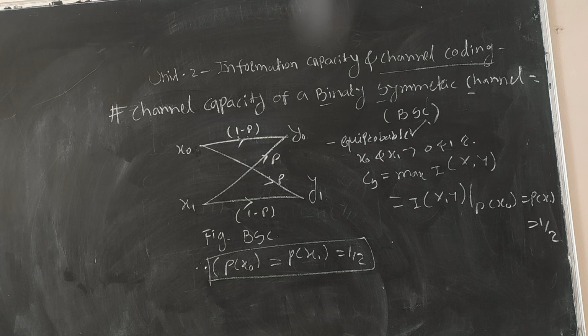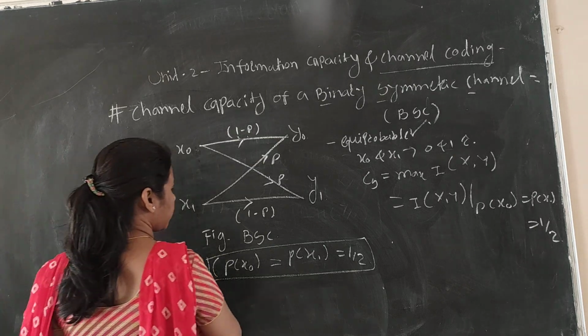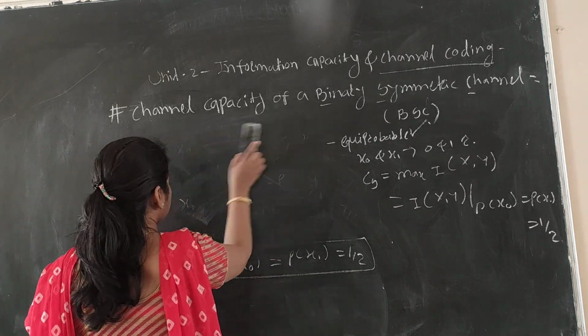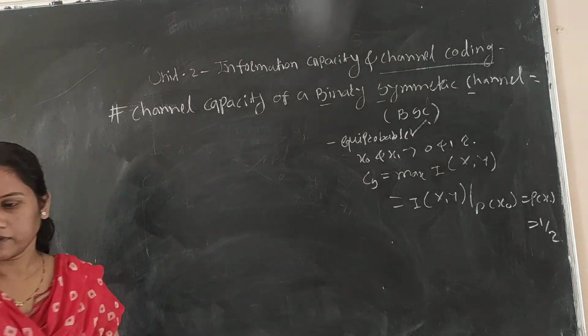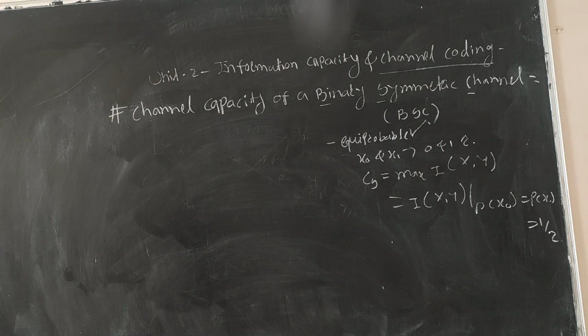We can find the total capacity for this binary symmetric channel by using this derivation. We see the derivation for this.